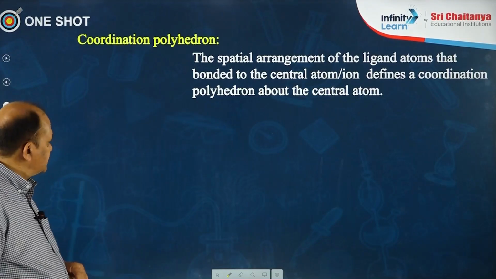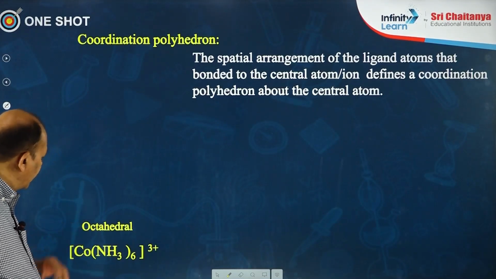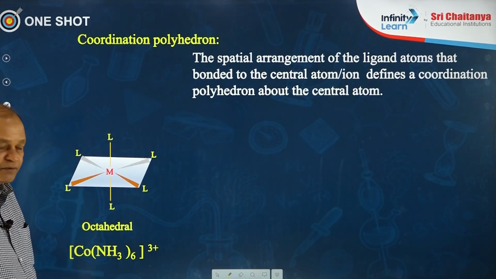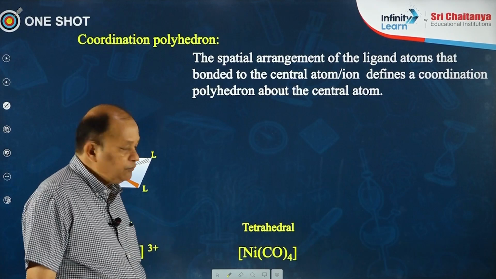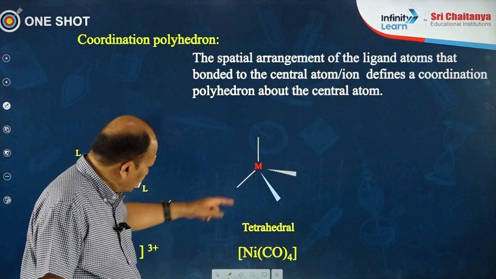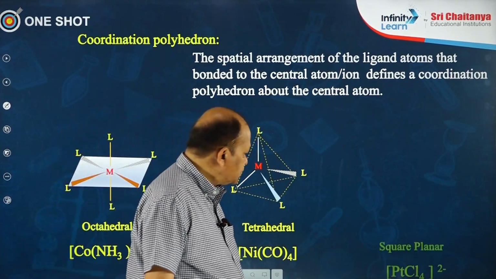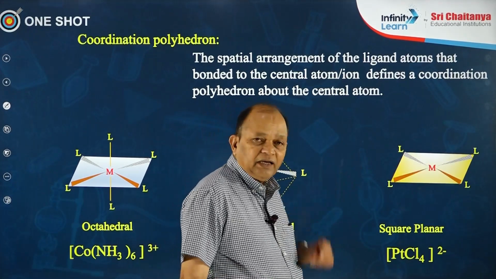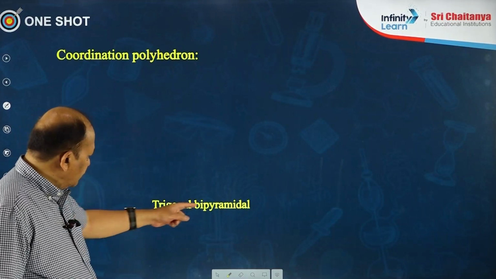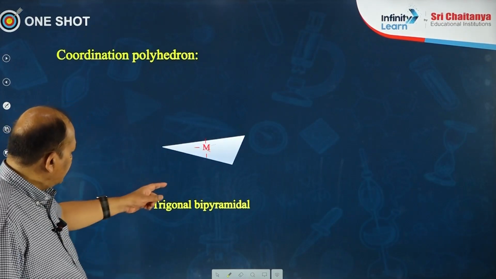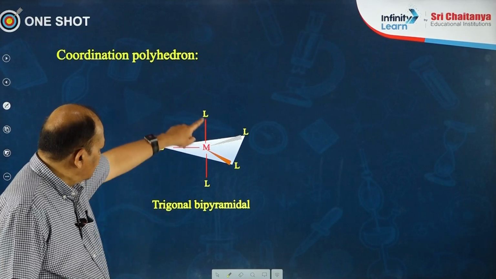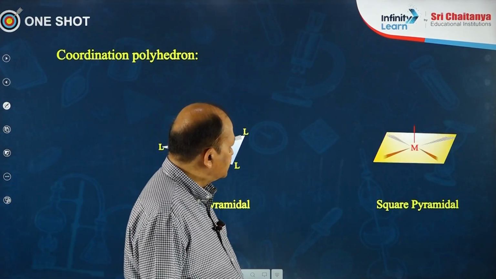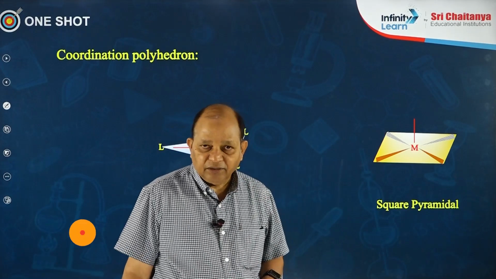The different spatial arrangements can be octahedral, central metal with 6 ligands; tetrahedral, central metal with 4 ligands; or square planar, again metal with 4 ligands. The others are trigonal bipyramidal, metal with 5 ligands, and square pyramidal. So, these are the different coordination polyhedra.